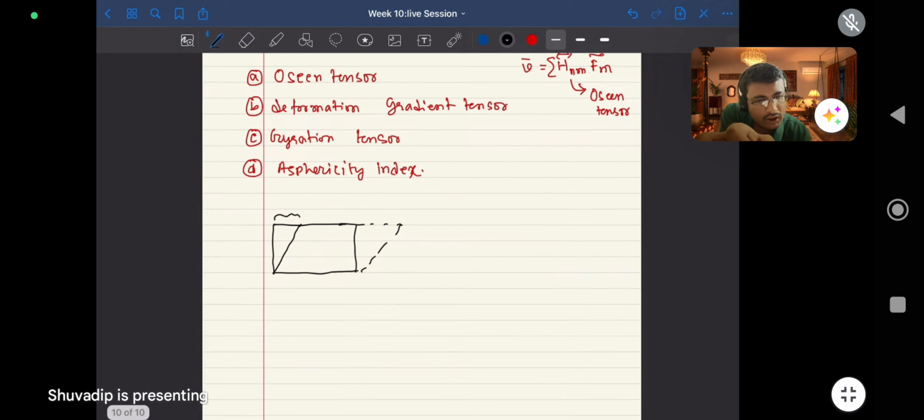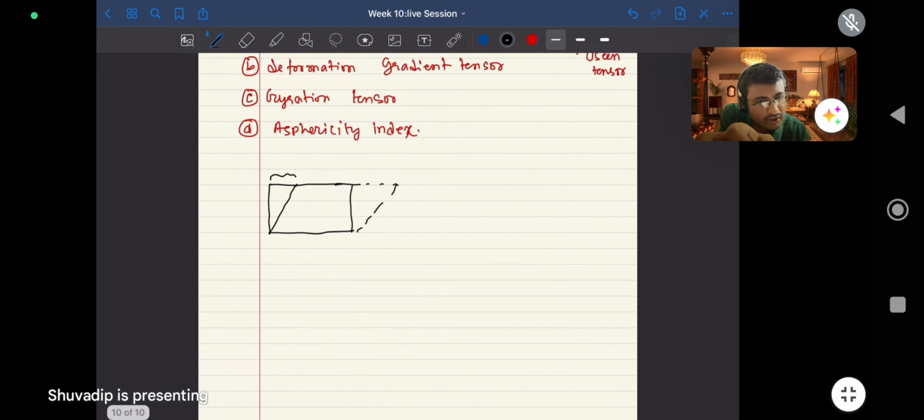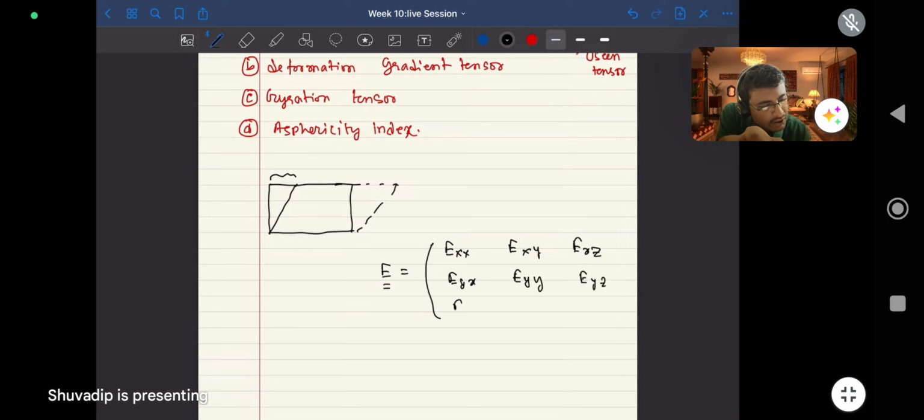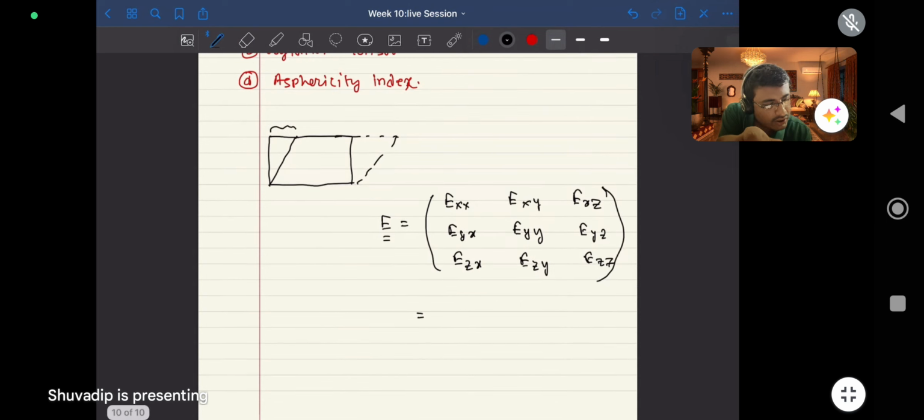In that case, the deformation gradient tensor E has altogether nine components: EXX, EXY, EXZ, EYX, EYY, EYZ, EZX, EZY, EZZ.